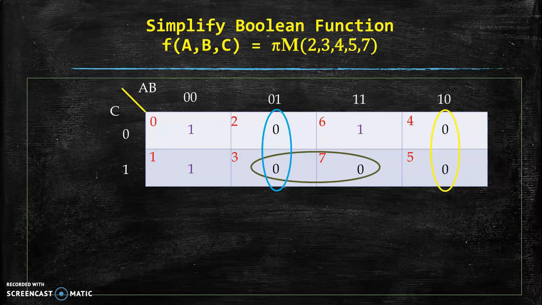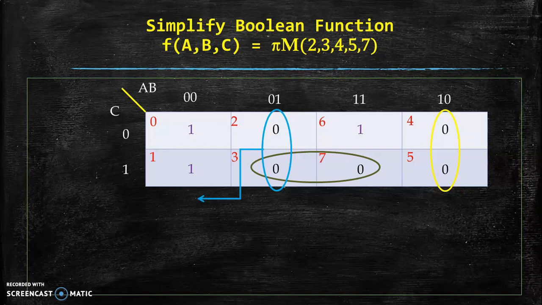So we have one horizontal pair, it is overlapped at cell number 3. Here both the pairs are overlapping each other. Now after preparing groups, we have to write sum terms for each group.